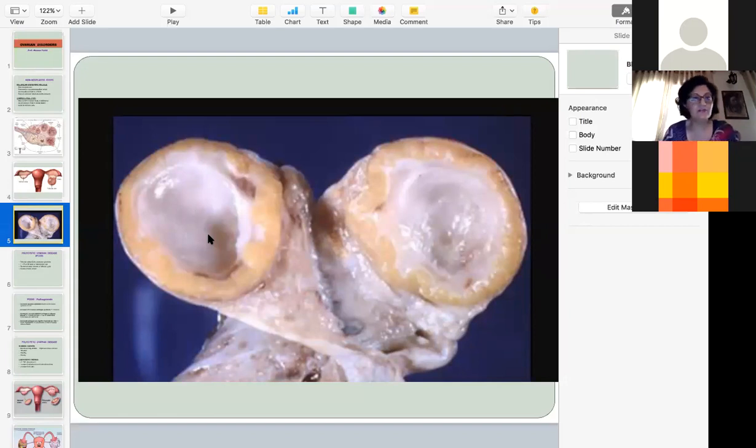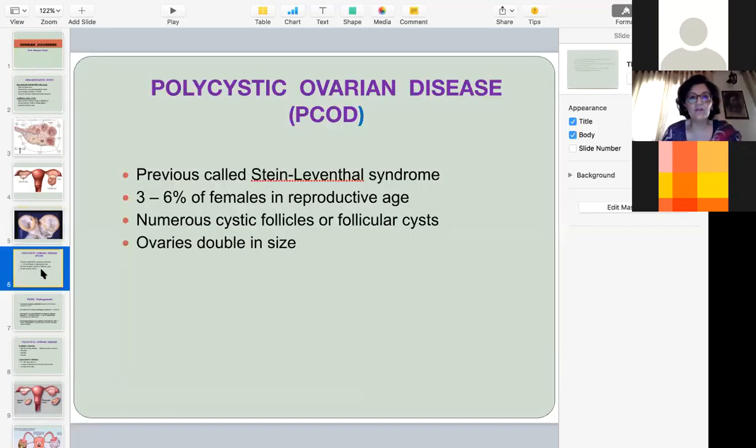And just a brief touch on polycystic ovarian disease, which we had already discussed in your, I think, reproductive module 1. This is a disease which has numerous follicular cysts or unruptured Graafian follicles. This was previously called Stein-Leventhal syndrome, and it is now called polycystic ovarian disease or polycystic ovarian syndrome.